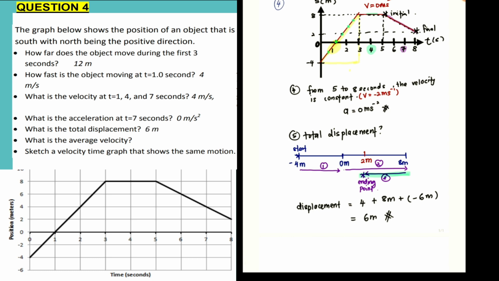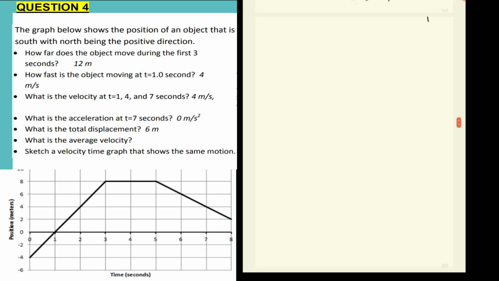What is the average velocity? Okay, next, what is the average velocity? We want to calculate the average velocity. So the average velocity is equal to S final minus S initial divide T final minus T initial.